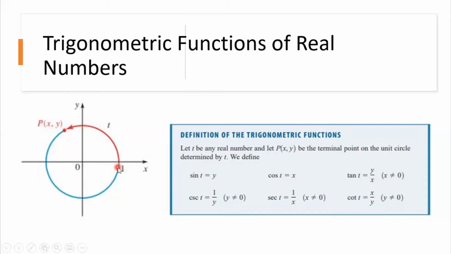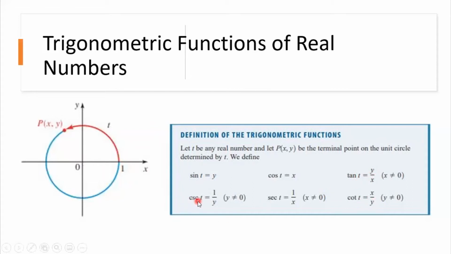At zero angle, the terminal point coincides with the initial point, which is (1, 0). By just substituting it, we have 0 over 1. So tangent of 0 is equal to 0, and so on.